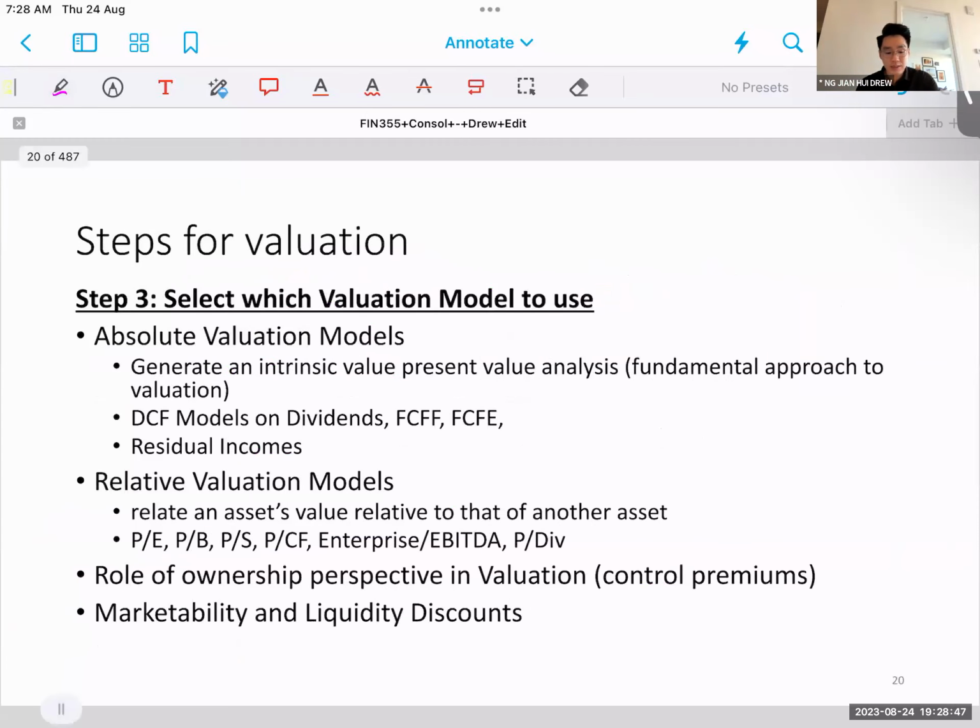Moving on, we'll go to step three. Step three is where the quantitative component comes in, right? We need to assess what valuation model we want to use. So I hope that the DCF, the FCFF and FCFE, you have heard of before. Is that true? Or is this totally new for all of you?